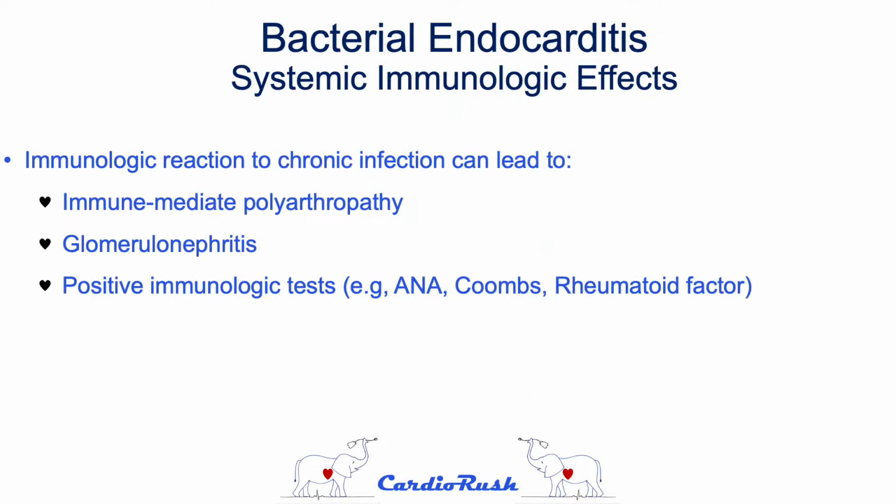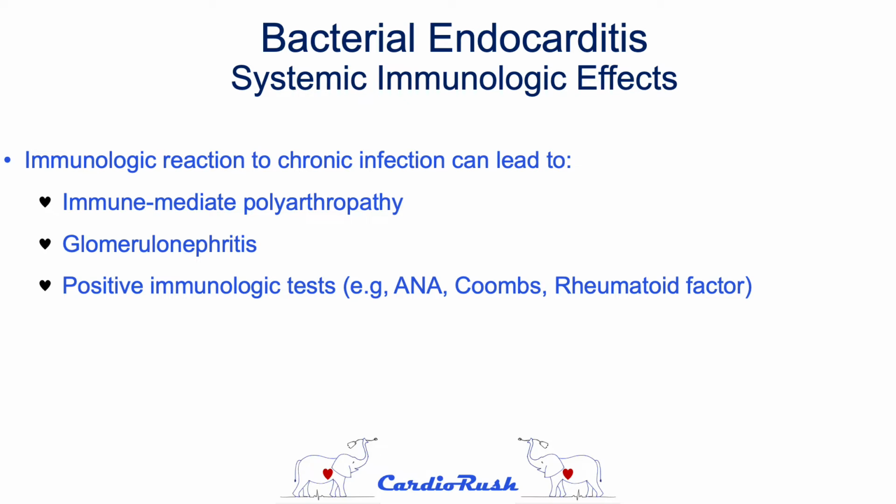Bacterial endocarditis can sometimes create a significant inflammatory response on the part of the host's body. And these immunologic effects can complicate establishment of the correct diagnosis. This immunologic reaction can lead to diseases that mimic immune-mediated diseases, such as immune-mediated polyarthropathy or glomerulonephritis.